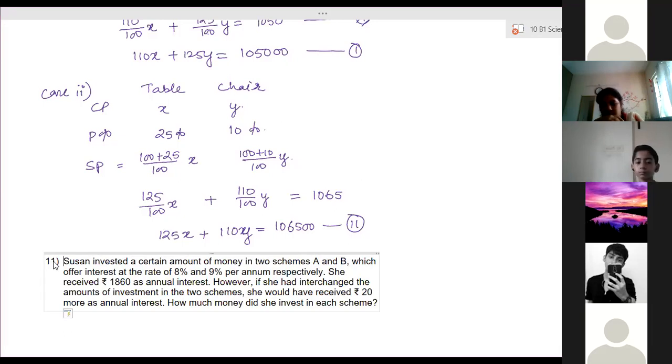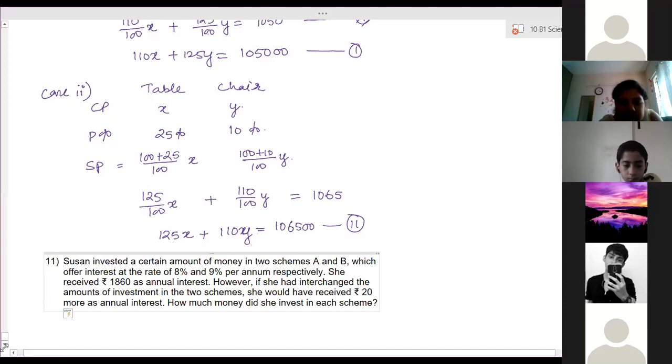However, if she had interchanged the amounts of investments in the two schemes, she would have received rupees 20 more as annual interest. 20 more, that means this time it is 1880. How much money did she invest in each scheme?